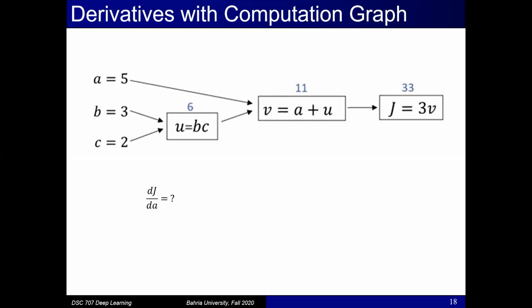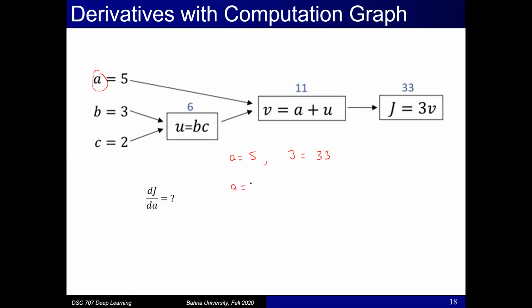Okay, now slightly change the problem, right? We say, okay, how j will change if instead of changing v, I change something in a. It means now we are interested in computing dj/da. Okay, so first let's try to do it with the conventional way. What we know from our previous knowledge is that when a was 5, j was 33.